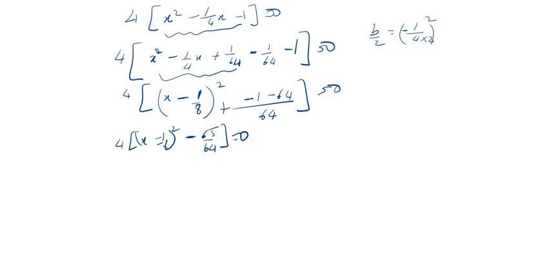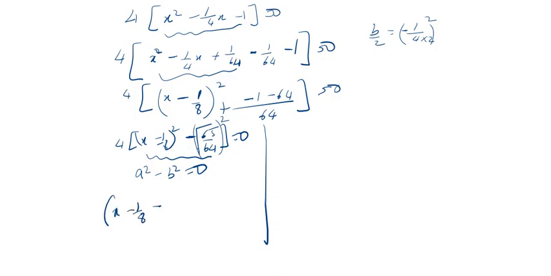Now when I'm solving, I don't need the 4 because the 4 is not equal to 0. So what is inside is equal to 0. Then I can apply the a squared minus b squared formula: a minus b times a plus b is equal to 0.